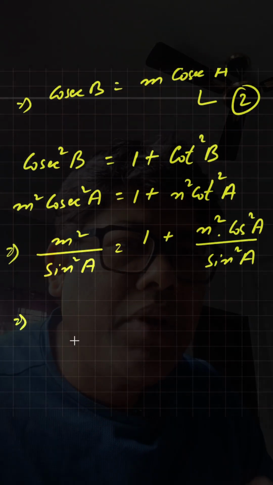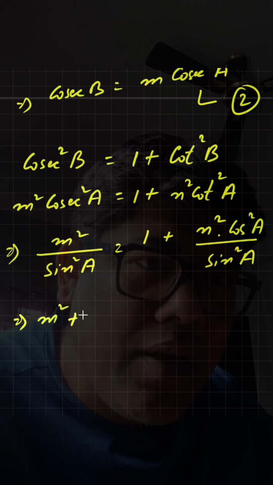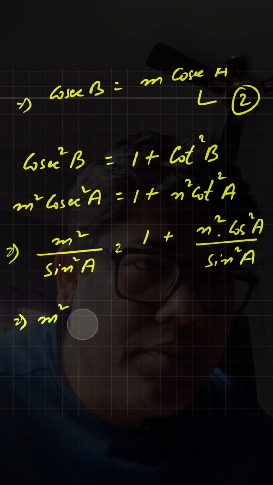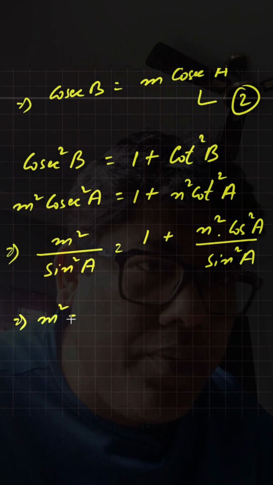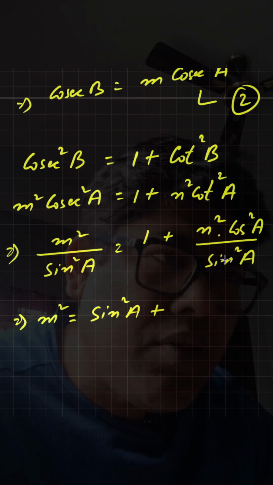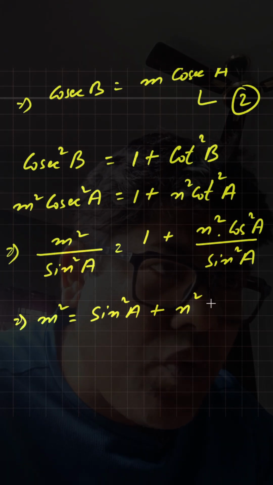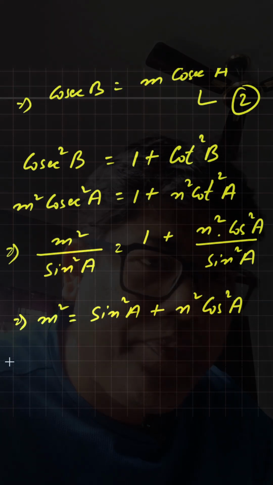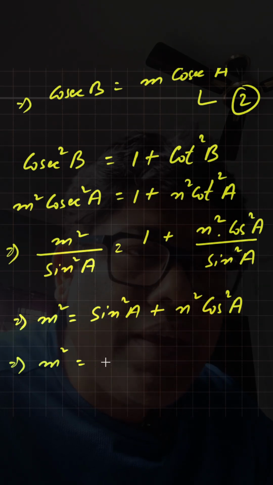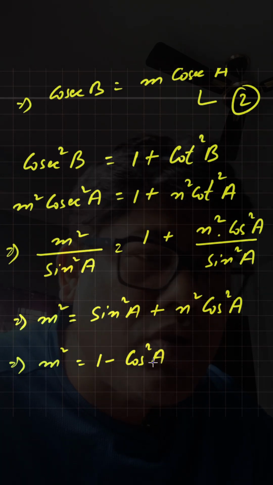Now let me multiply both sides by sin square A. So this will be equal to m square, and on the right I'll be having sin square A plus, now this expression multiplied by sin square A will cancel out sin square A and we'll be left with n square cos square A. Now instead of writing sin square A, I can write 1 minus cos square A, because we know sin square A plus cos square A is equal to 1.